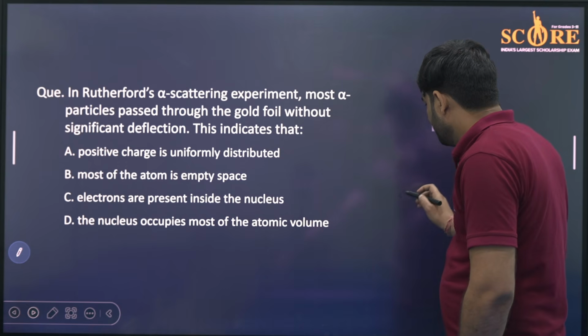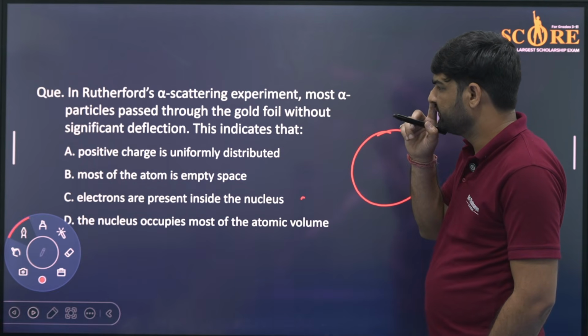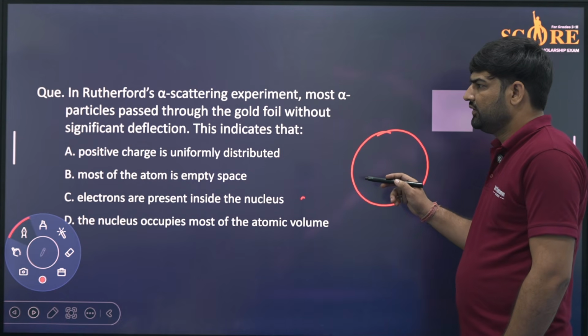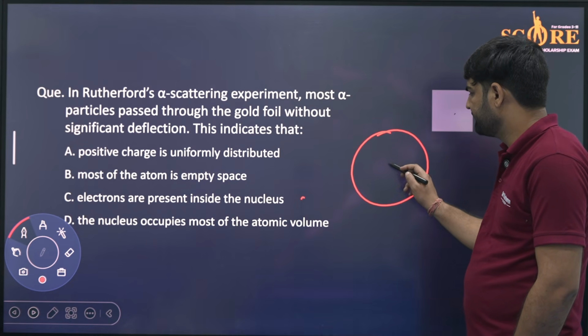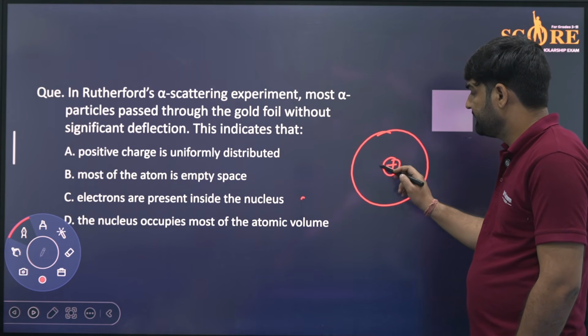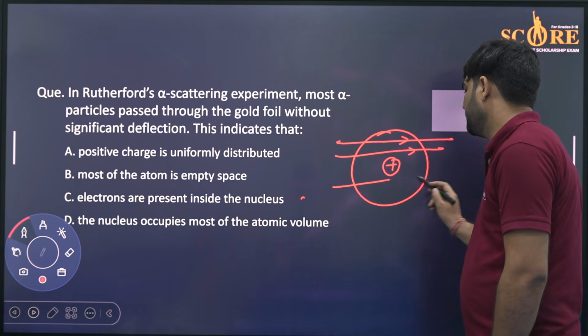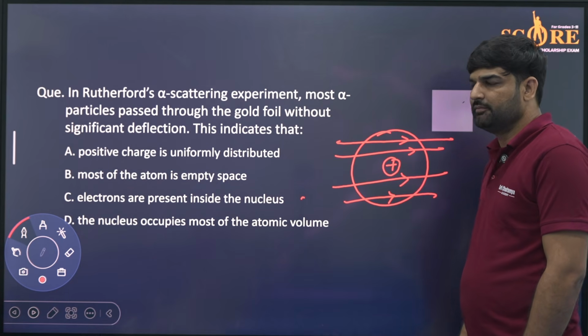So this is atom, and in this question it is given that most of the alpha particles pass through gold foil without any significant deflection. It means most of the part of an atom is empty.